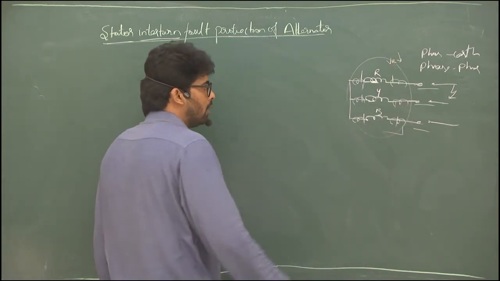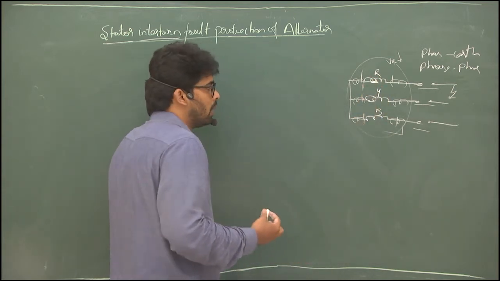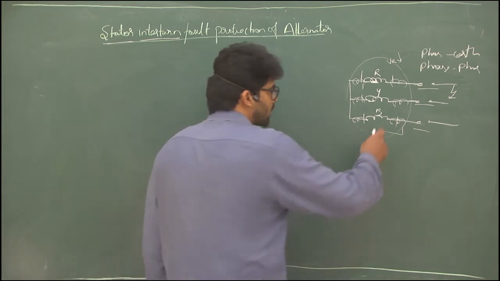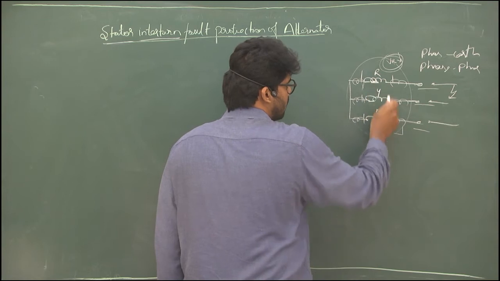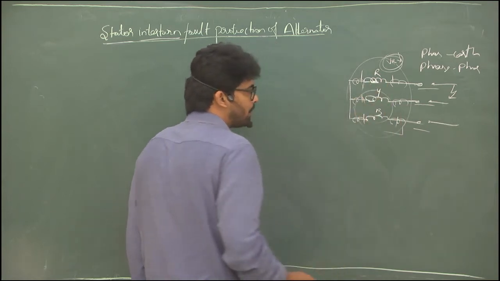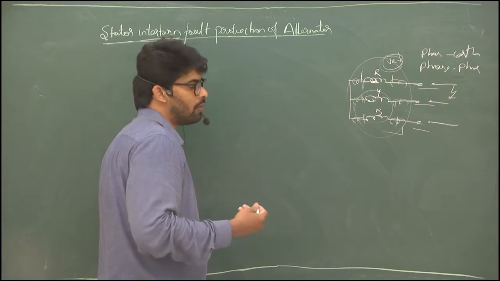If it is sustained for a small interval of time, it is no problem. If it is sustained for longer, there is a drop in voltage, and the other windings will get damaged or take an extra burden. So this is not favorable for us.